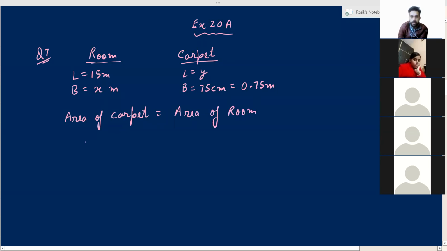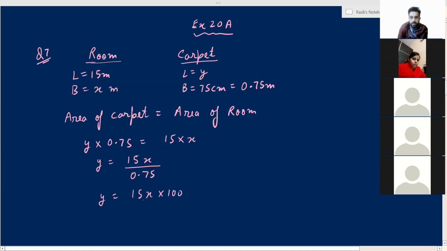So area of carpet is length into breadth, y into 0.75, and area of room is 15 into x. So what is the length of carpet in terms of x? y equals 15x upon 0.75. So y is equal to 15x into 100 upon 75. Removing the decimal from the denominator, we multiply the numerator by 100.